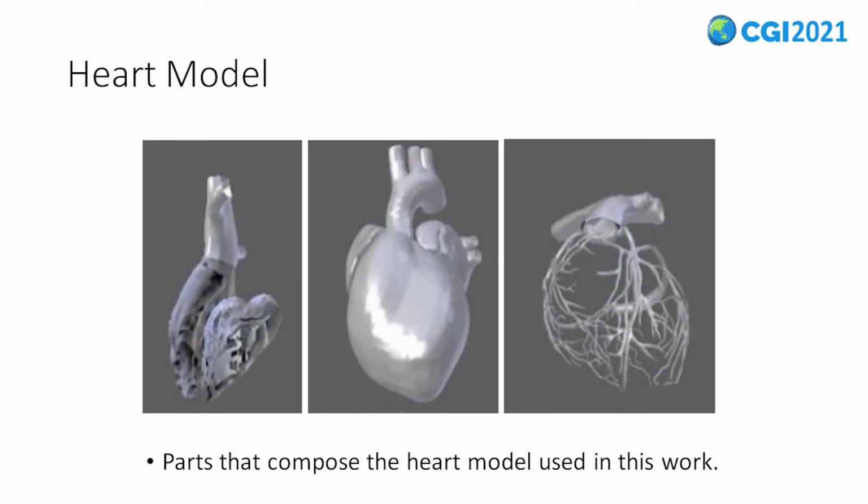The first step was to find a 3D heart model that was free to use, that contained all the necessary parts: vena cava, the inner part of the atria and ventricles, the external part of the atria and ventricles, aorta artery, pulmonary trunk, and coronary arteries.